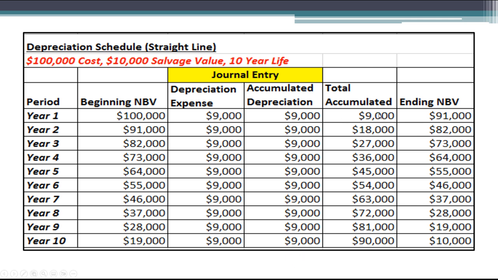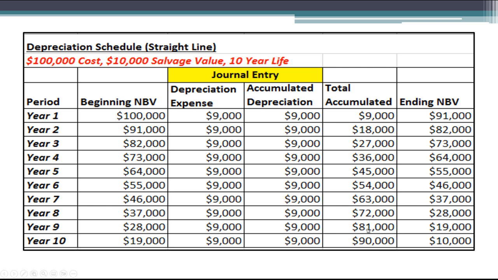So notice that every year the total accumulated depreciation will increase and the ending net book value will decrease until at the end we stop at $10,000. That's a key thing to note here, because we only wanted to accumulate $90,000 of depreciation because that's the depreciable cost.